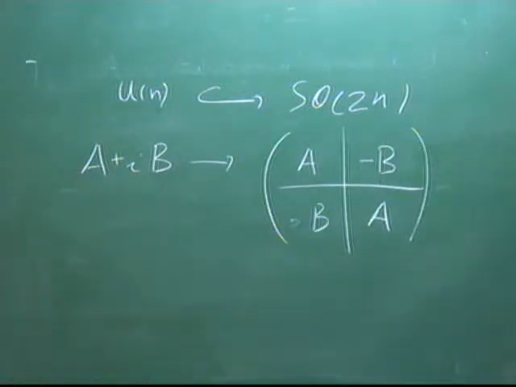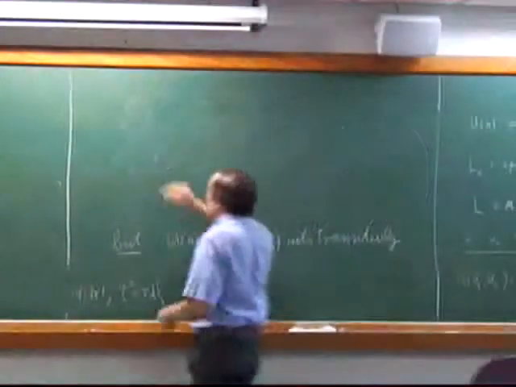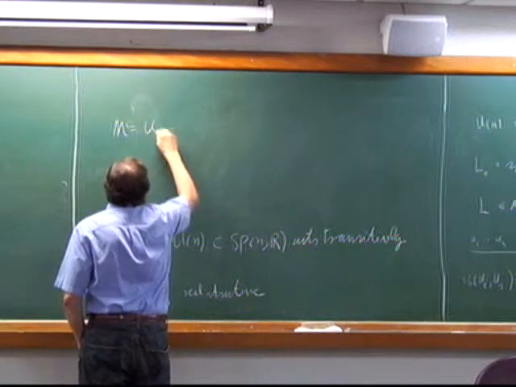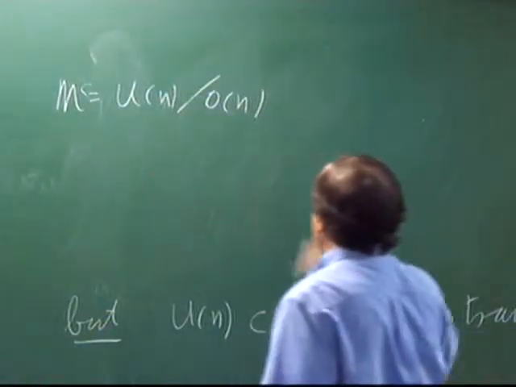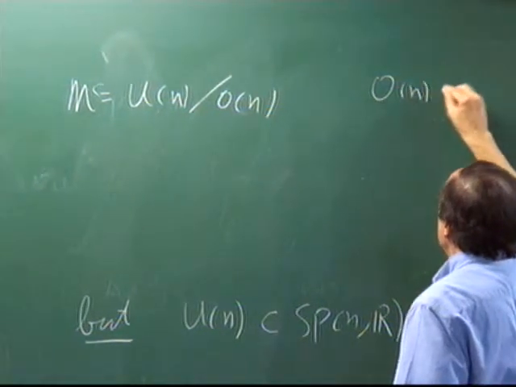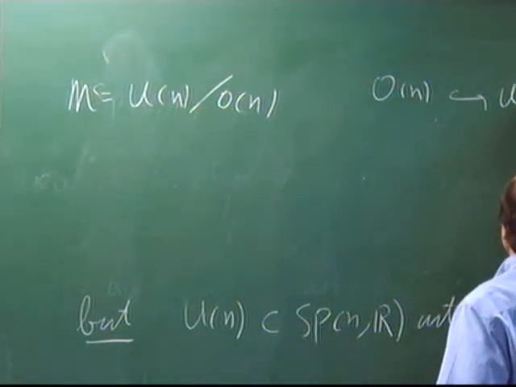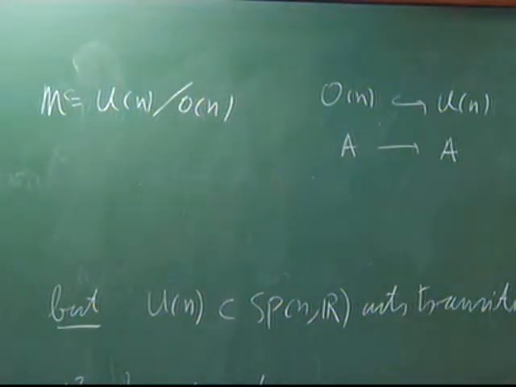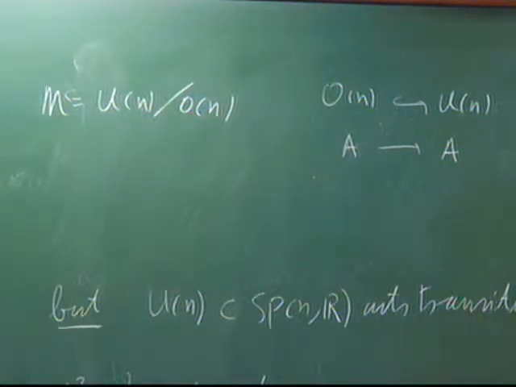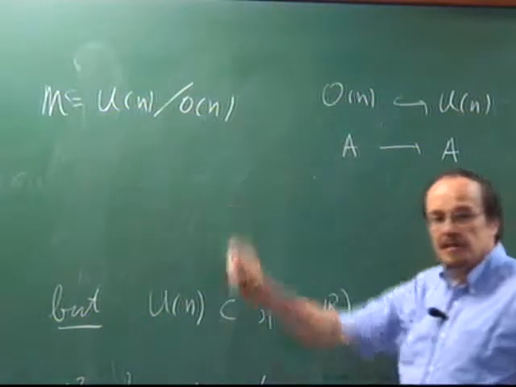So that means now that I have my stabilizer, the whole manifold M is UN mod ON. Now ON sits inside UN in the natural form, that A goes to A. It's the same matrix. It's real, but now we can consider it complex linear. Now to see it's a symmetric space, I have to construct an automorphism, but this is a fixed point set.